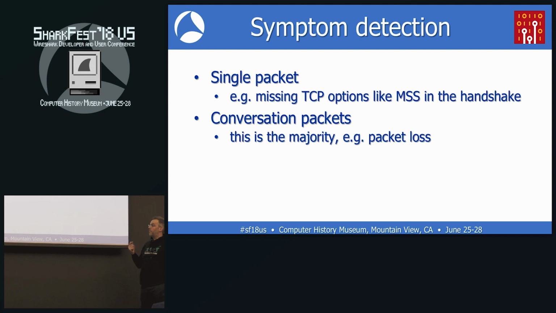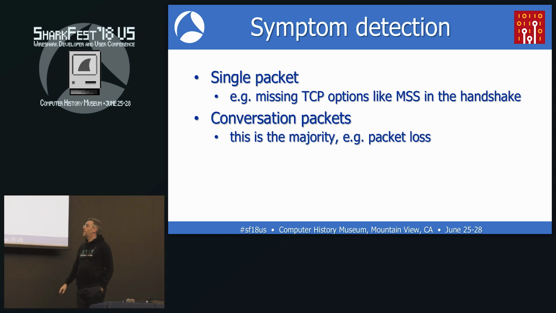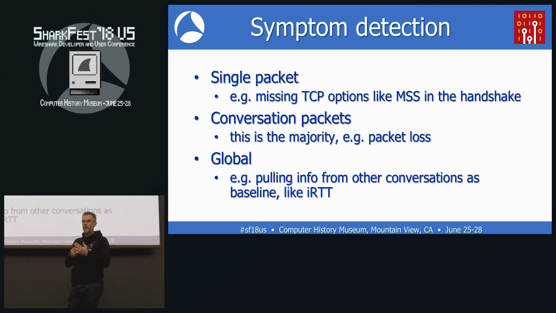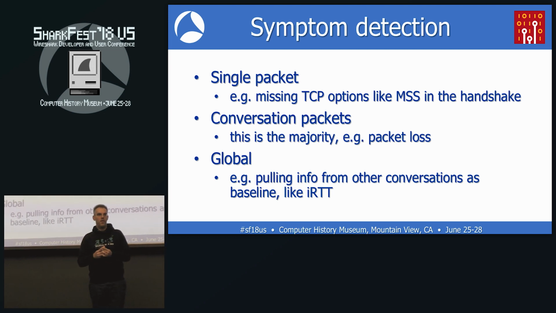Then there are conversation symptoms, where you need to correlate packets of the conversation, like packet loss and stuff like this. And the third class is global, meaning it goes over more than just one conversation. For example, if you don't have a handshake in a conversation, you're missing one very important thing, the initial round-trip time, so you don't know what the round-trip time is.